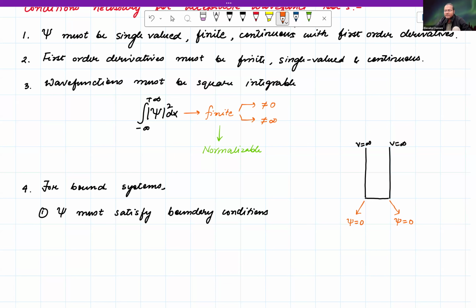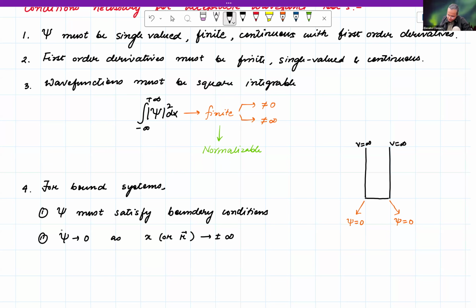But here the derivatives are not necessarily zero. Okay, so the wave function has to be zero here, and it must satisfy boundary conditions, and psi goes to zero as, let's suppose, x or r for 3D cases tends towards plus minus infinity.